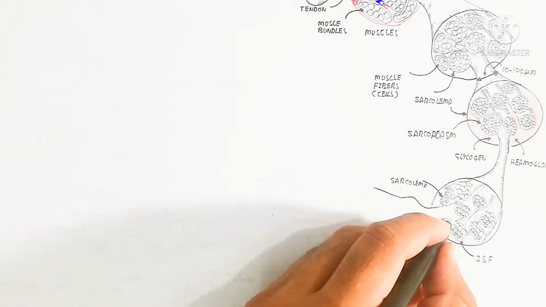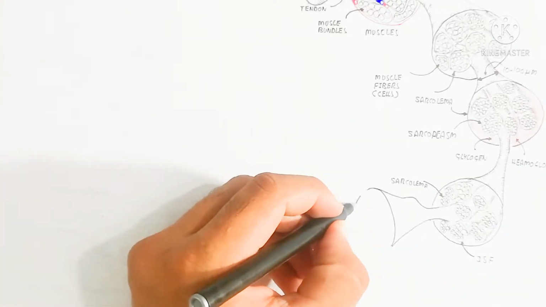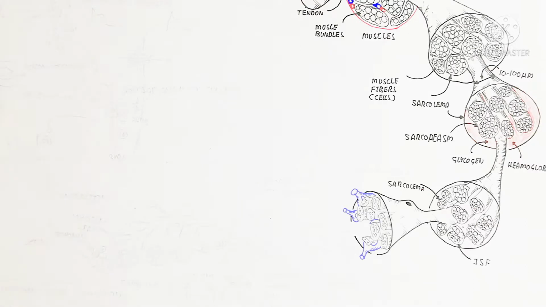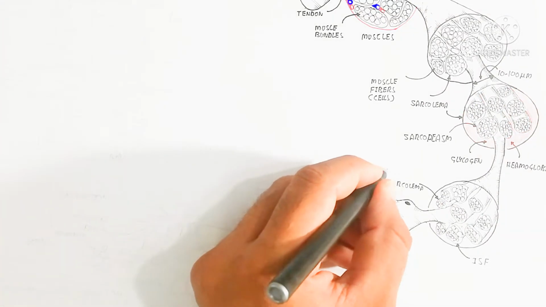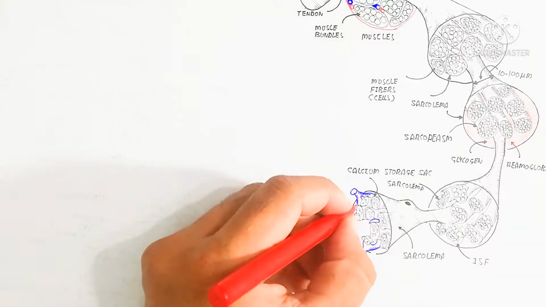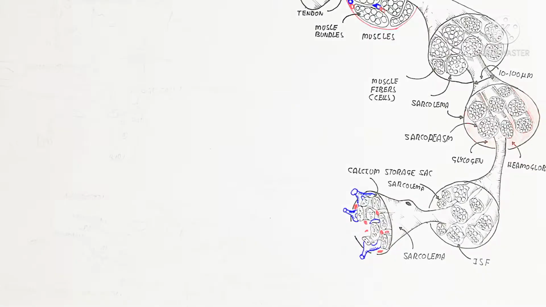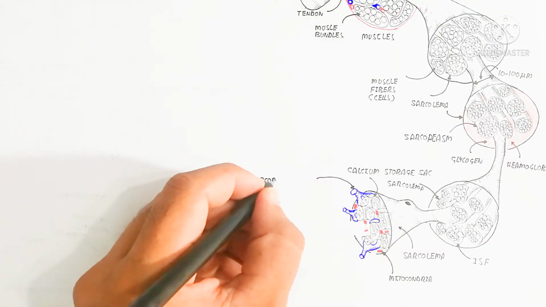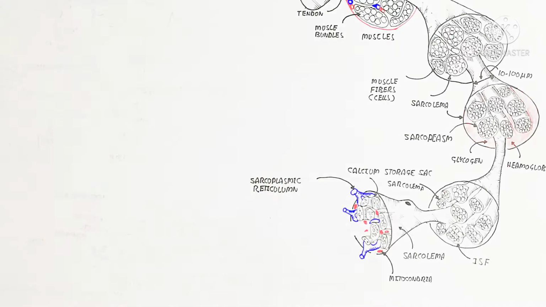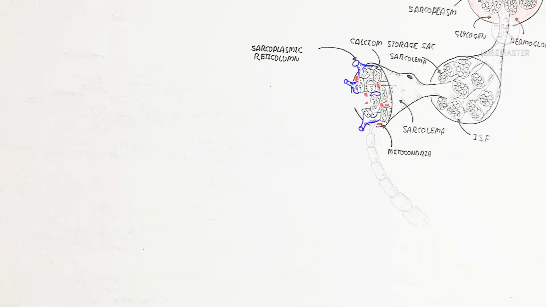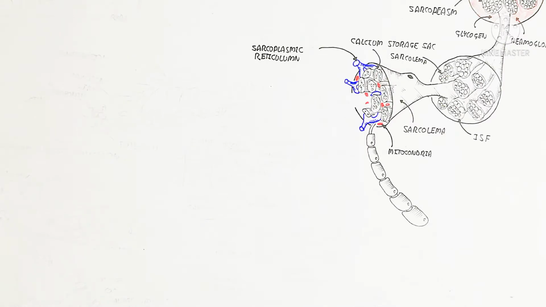It is surrounded by the muscle myofiber, which contains myofibrils, and the myofiber is contained inside interstitial fluid. The myofibrils are present in large numbers, along with the sarcoplasmic reticulum, which stores calcium. The calcium storage sacs containing sarcoplasmic reticulum surround the myofibrils, and inside is the sarcomere.